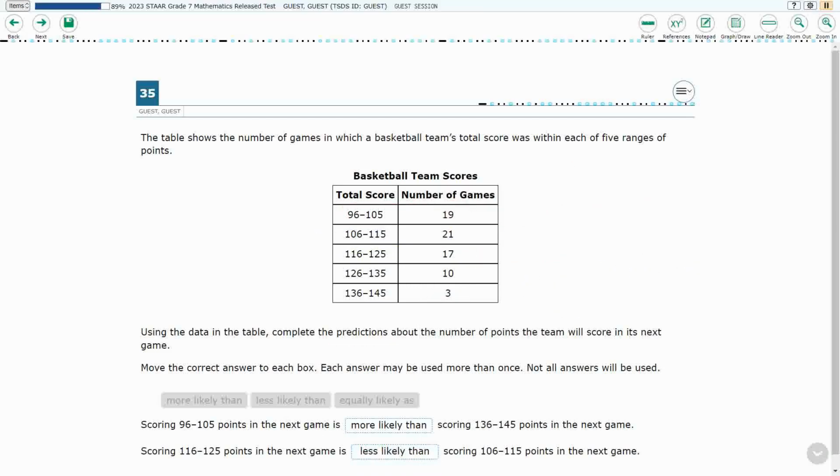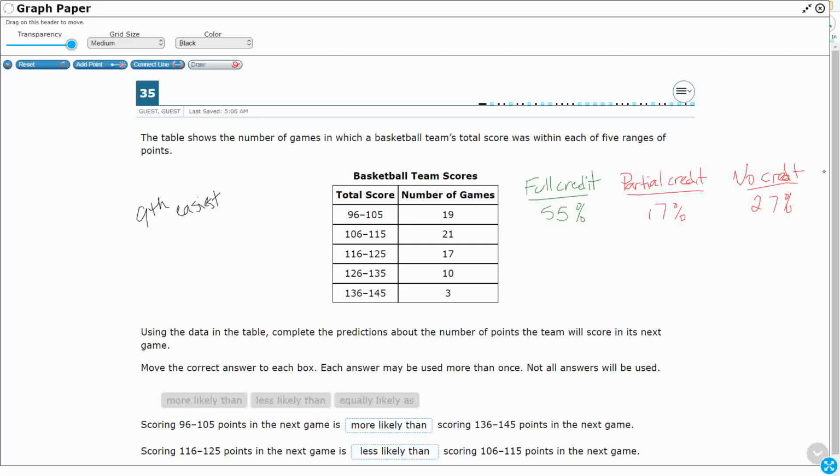So let's see how we did across the state of Texas. This was tied for the ninth easiest. You see, we had over half our students get full credit, that's 2 points. But even if you add the partial credit in there, you're just looking at about 72%. That's still, I think, a little bit on the low side, getting at least 1 or 2 points.